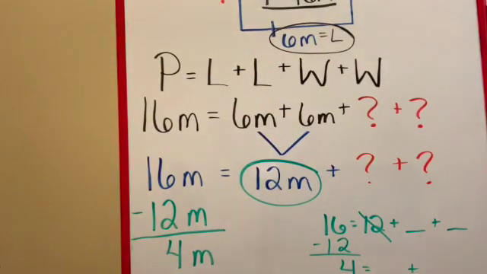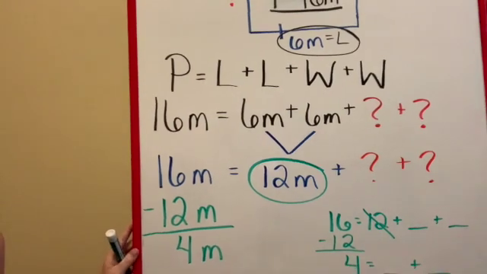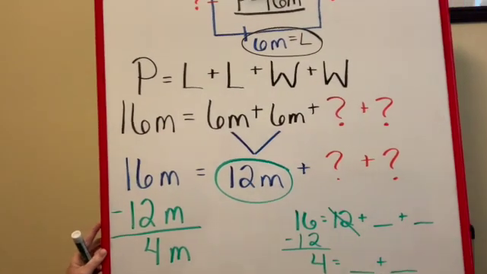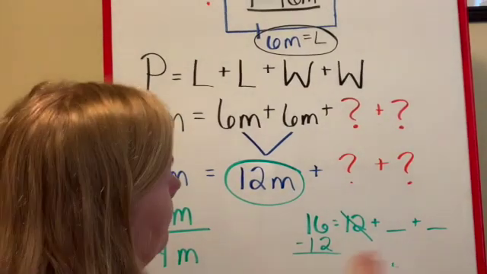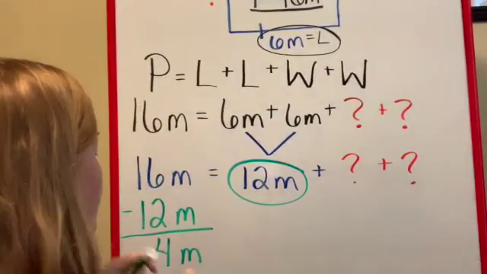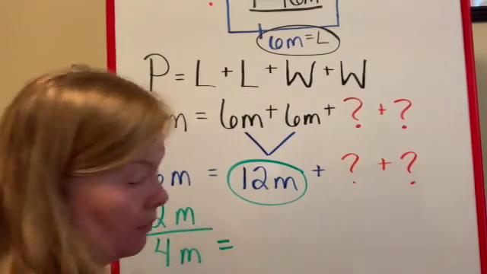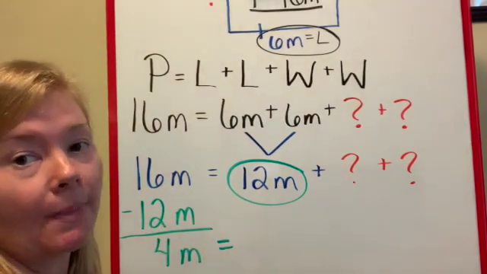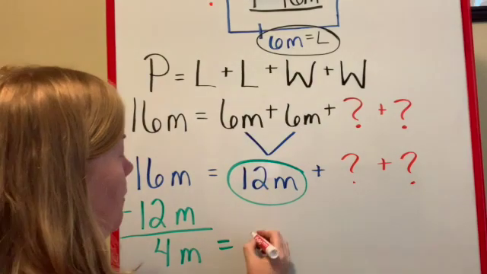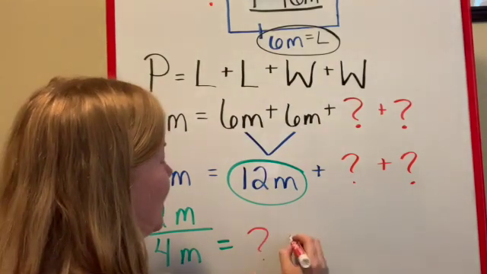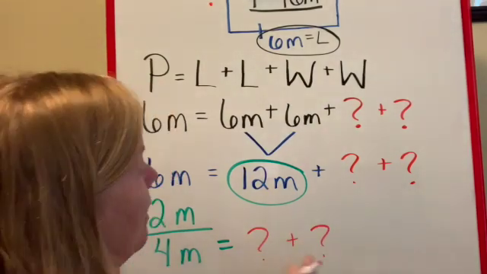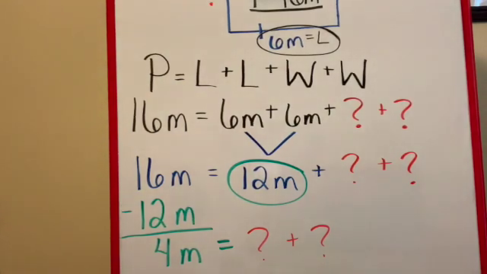So here I am with my 4 equals something plus something. What number could this be? 4 equals, what could my question mark be? What number is the same number that when I add it together, I get 4?